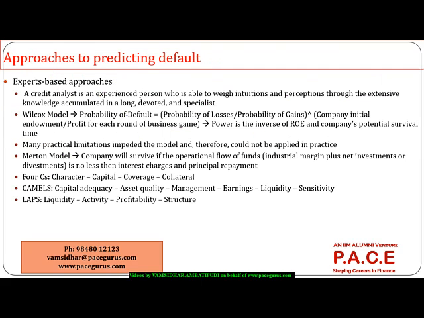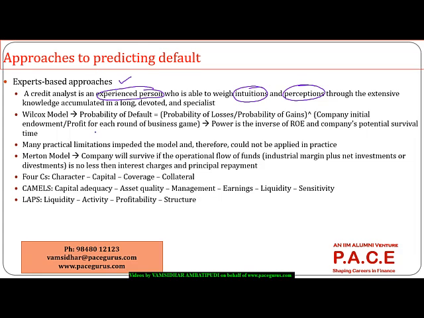Now, moving on to the next part, where I want to identify the various approaches to predict default. So on one side we talk about an expert based approach. We have experts. So we are talking about people who are more and more experienced, who know how to give weights to intuitions and perceptions.